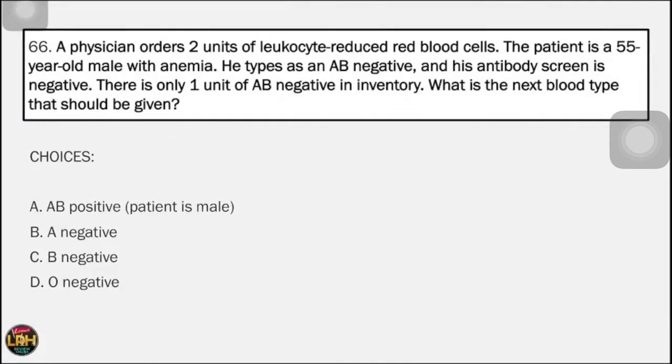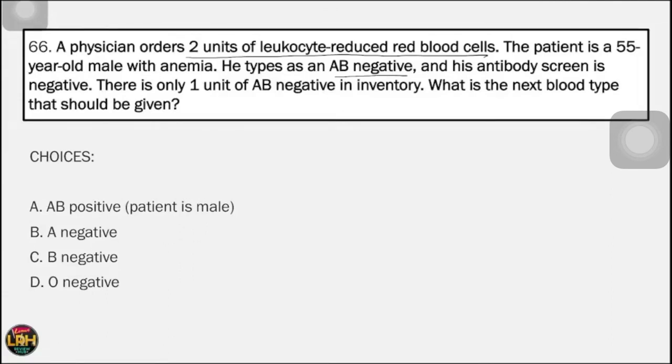Number 66. A physician orders 2 units of leukocyte reduced red blood cells. The patient is a 55-year-old male with anemia. He types as AB negative and his antibody screen is negative. There is only 1 unit of AB negative in inventory.